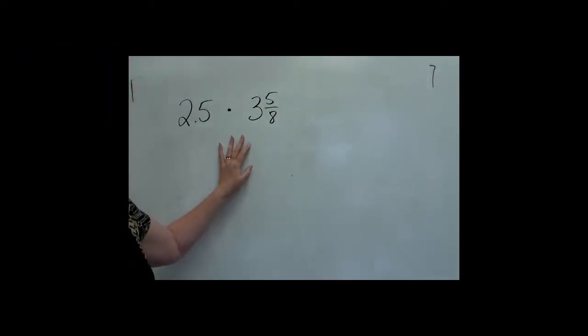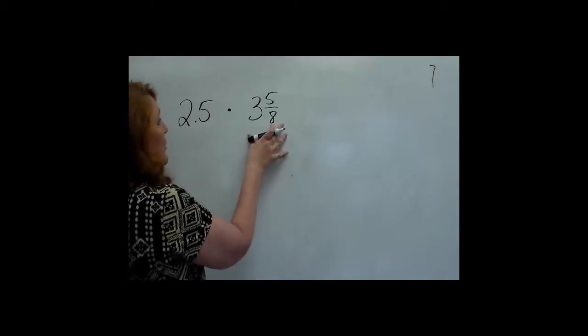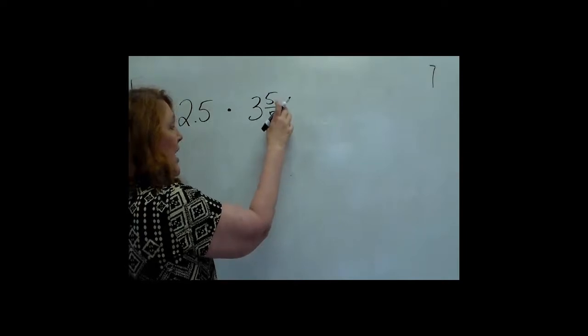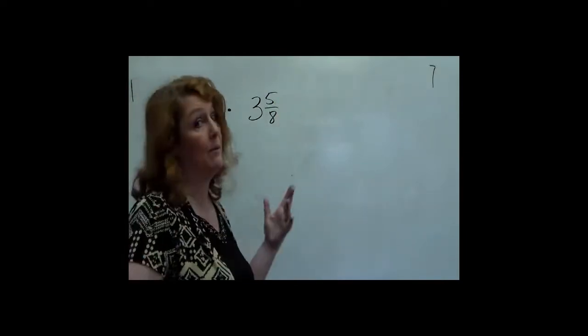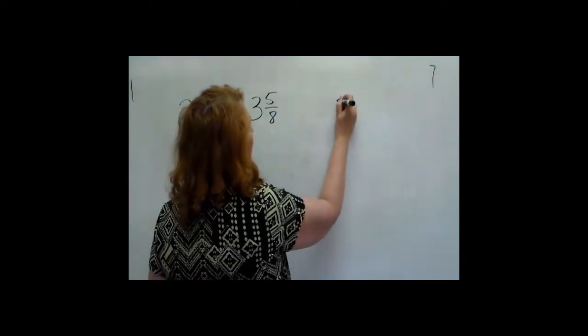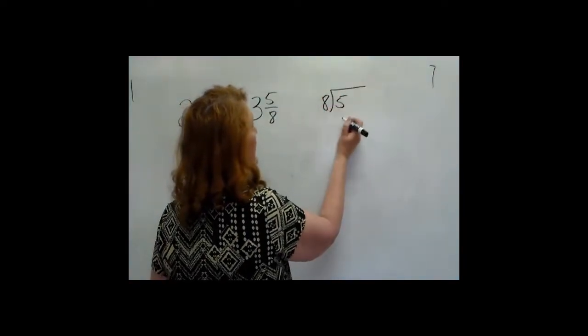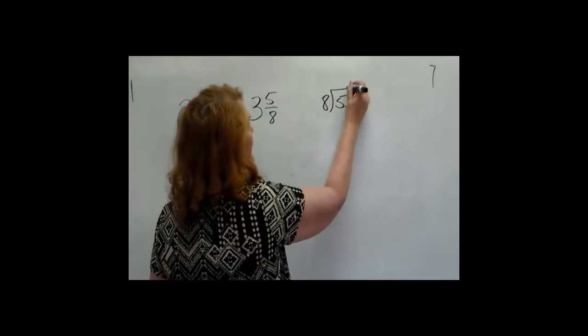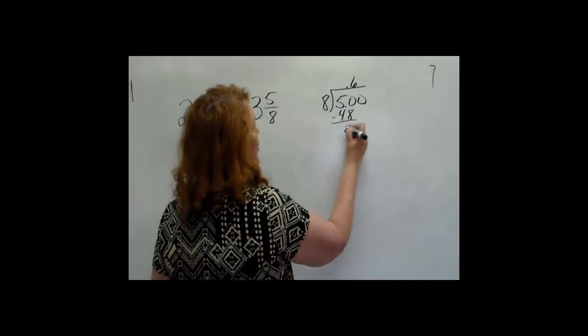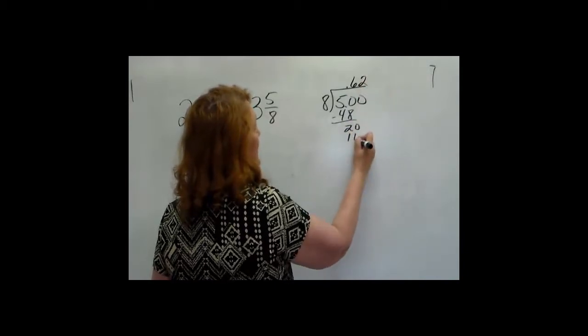Here I've got 2.5 times 3 5/8, and I would like to work this problem out. I know that 8 goes into 1,000. I never remember what it is, so I'm going to try and figure out what 5/8 is. 8 goes into 5 zero times. 8 goes into 50 6 times, that's 48. 8 goes into 20 2 times, that's 16.